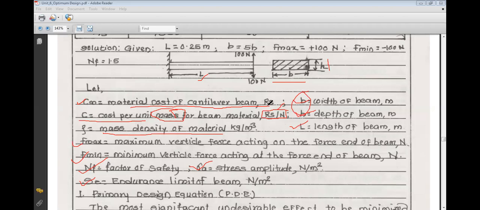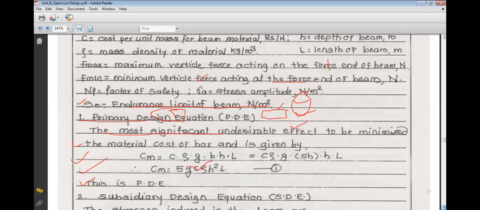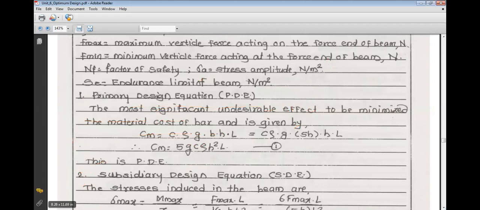So we will start with the primary design equation. Our primary design equation consists of the most significant parameter. In the problem it is given that we have to minimize the material cost.